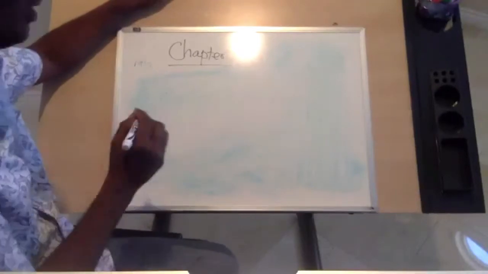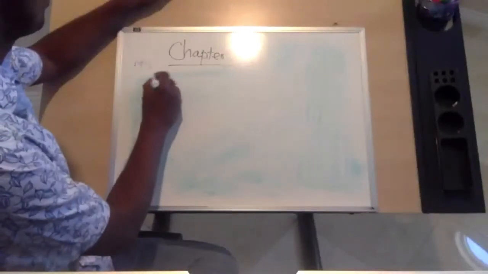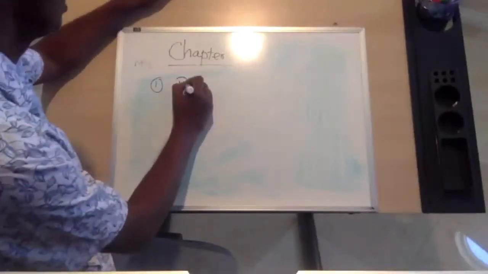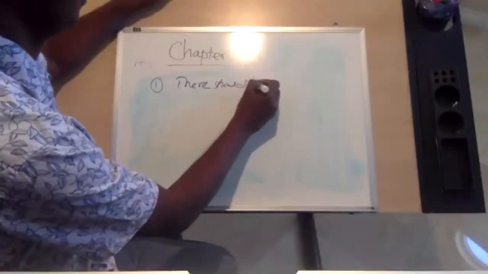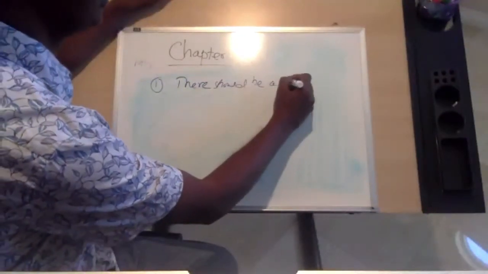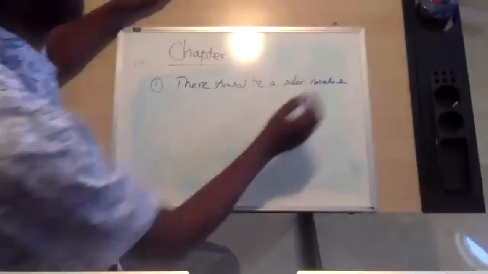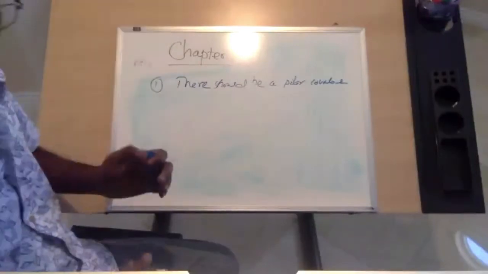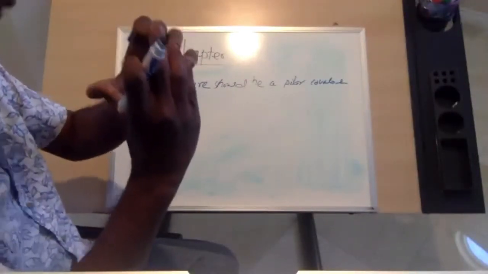Now, in order to see whether a molecule is polar or non-polar, there are two things we need to know. One, there should be at least one polar covalent bond in the molecule. For that, you need to draw the Lewis dot symbol. I will draw the symbol and explain to you.